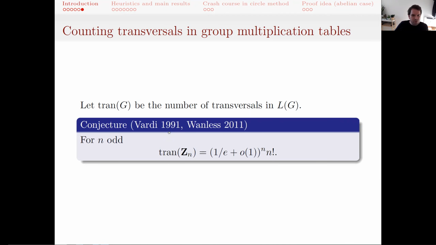So I think actually the story was that Rudi conjectured that this number of transversals is bounded from above by some non-trivial exponential function to the n times n factorial, and that you also have a corresponding lower bound, but these two exponential functions do not have to be the same, and then Ian conjectured that the base is actually 1 over e.